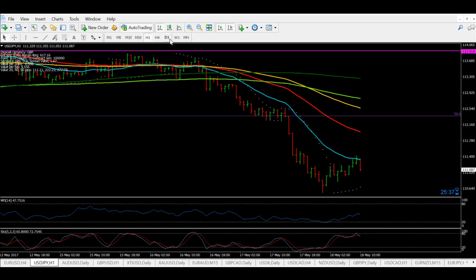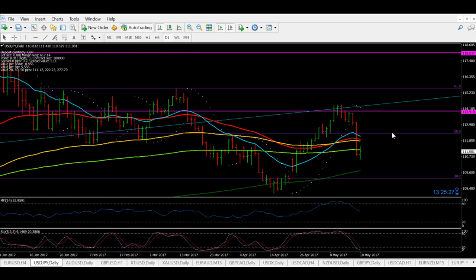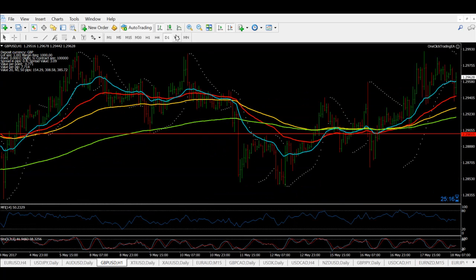We're sitting pretty much just above 111 flat right now, and again we've seen the yen move quite substantially over the course of the last few days, as you can see on this daily time frame here.